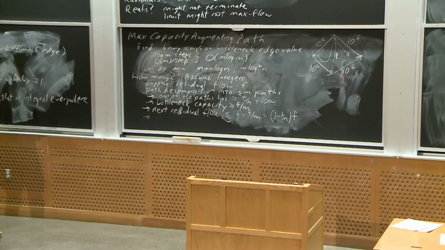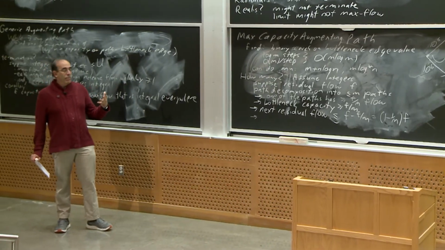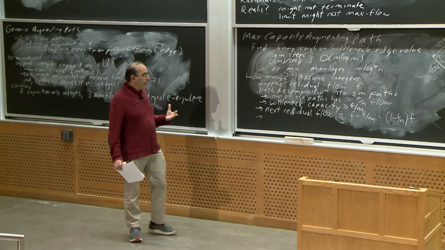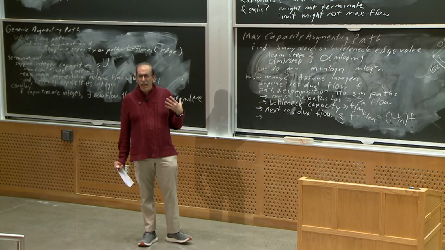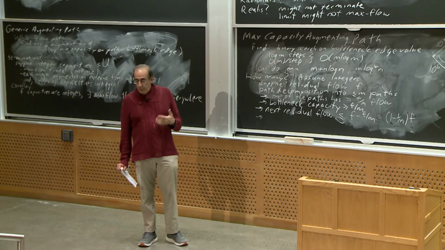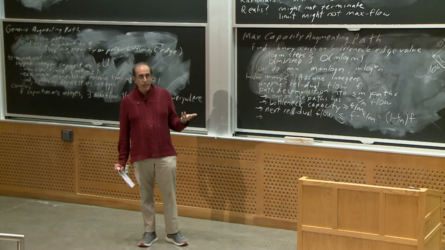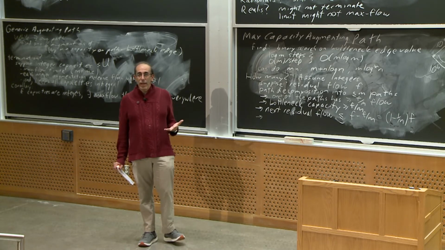Okay, that's nice, but we need to reduce it to 0 to get a max flow, right? It doesn't matter how many constant factors you reduce by, that by itself doesn't get you to 0, right? But here we can exploit something else.